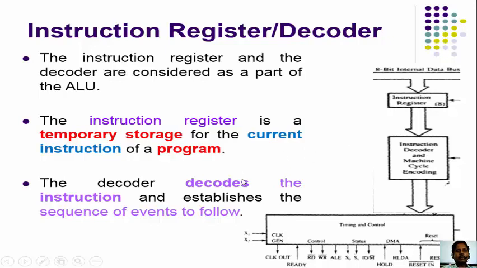The decoder decodes the instruction and establishes the sequence of events to follow. Sequence of events to follow means the encoded bit pattern is given to the block below this, that is timing and control. The timing and control block is responsible to generate different control signals in such a way as to perform the operation depending on the instruction provided by the user.